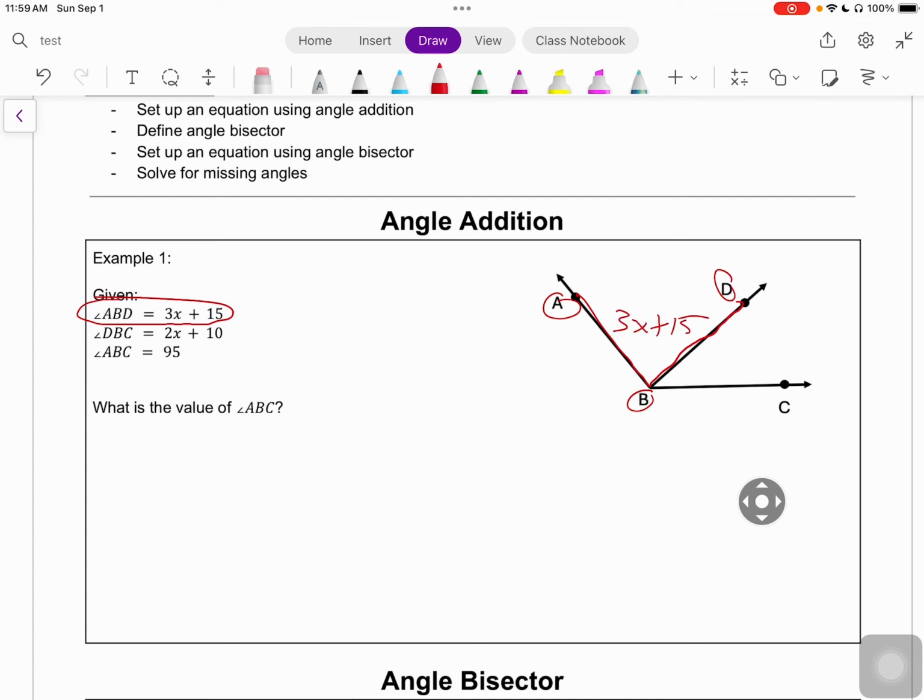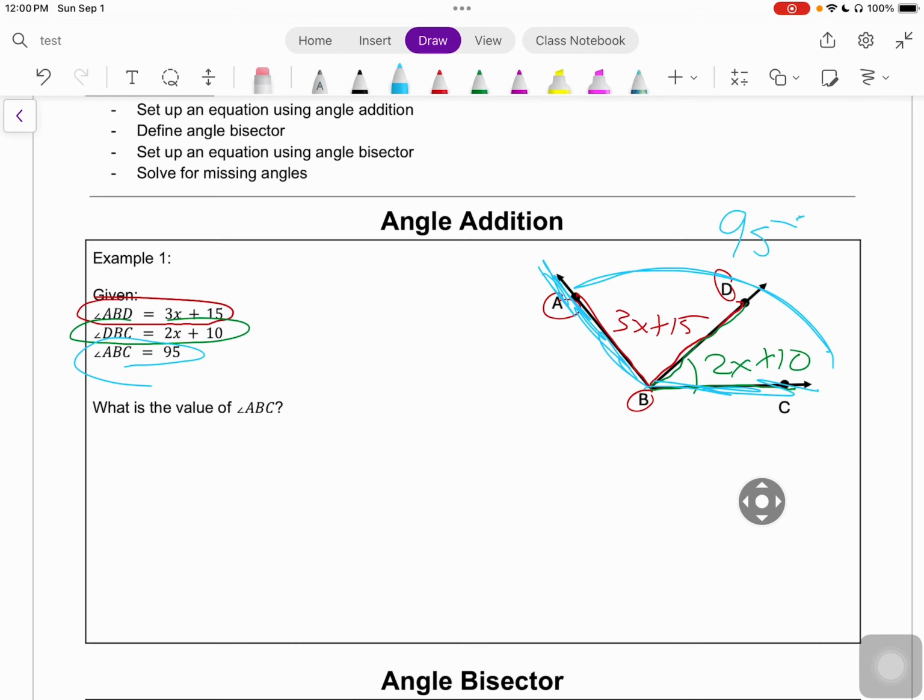It's 3x plus 15. We have angle DBC, which is going to be this angle here, 2x plus 10. And the last one is angle ABC, which in this case is going to be the whole thing. So this entire thing is 95 degrees.